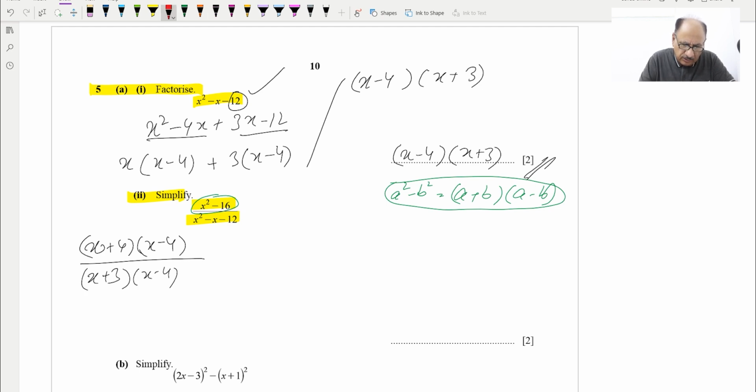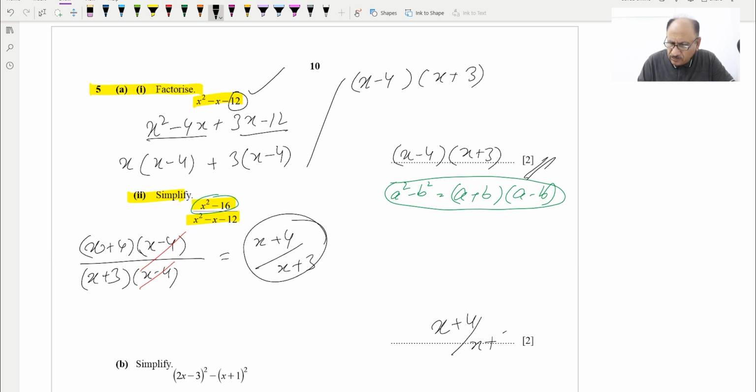Then we can cancel these two, and our remaining answer will be x plus 4 over x plus 3. This will be the final answer for 2 marks.